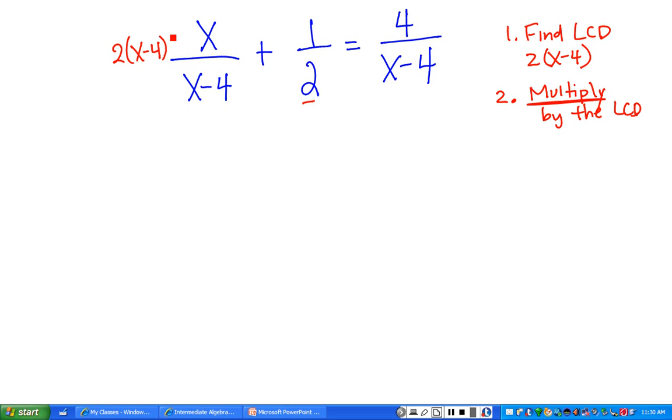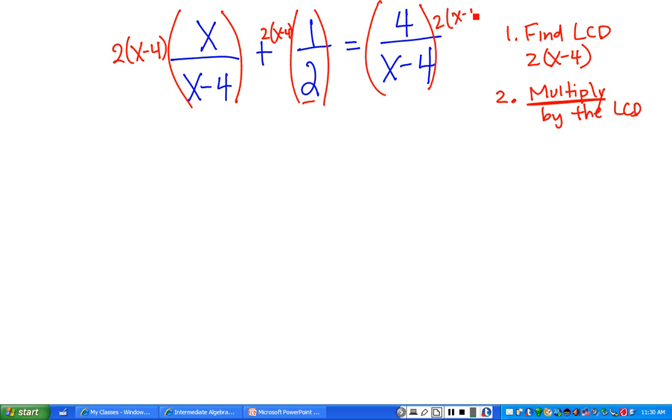So 2 times x minus 4 multiply times everything here, and multiply everything here times 2 times x minus 4. Then we figure out what cancels out. The x minus 4s will cancel out here, the 2's will cancel out here, and the x minus 4s will cancel out here.